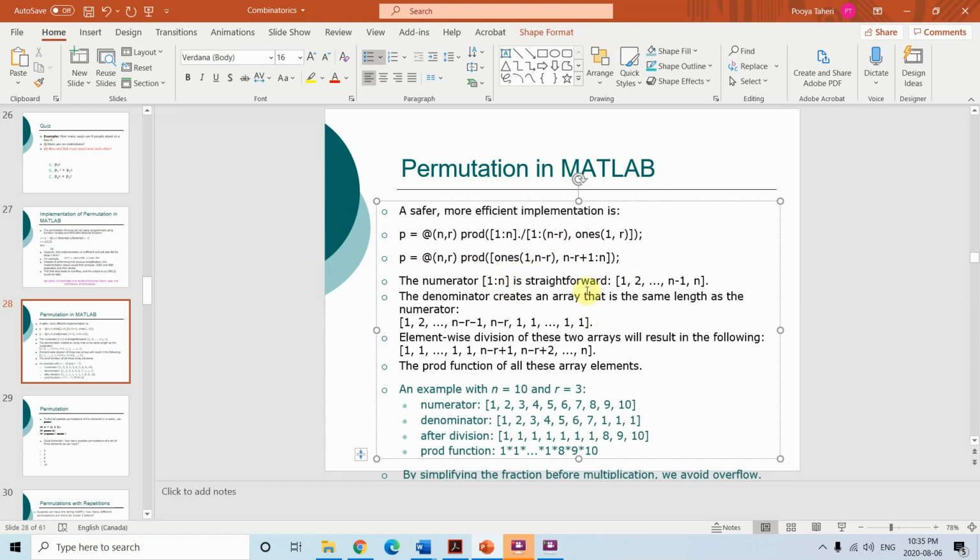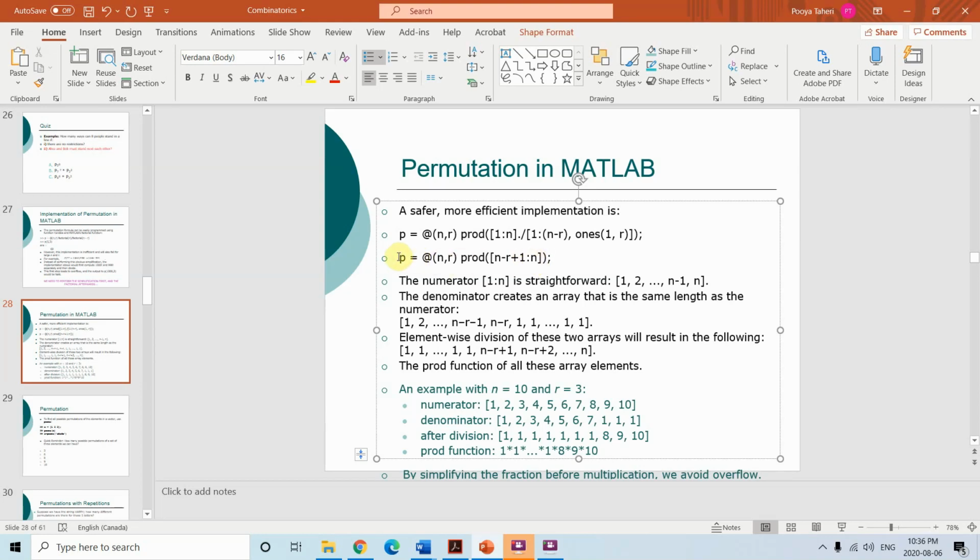So instead of calculating n factorial and n minus r factorial, we basically just do this. And if we don't want to do this division, it's not even necessary. We can just find the product of the elements from n minus r plus 1 all the way to n.